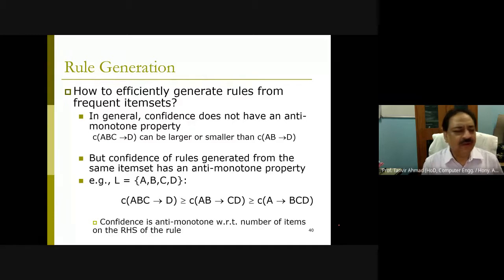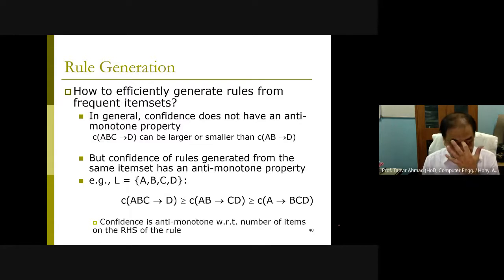Now, how are you going to generate the rules? If I have particular item sets, you have to generate the rules with the support and the confidence. But you know that confidence does not have the anti-monotone property, whereas support has an anti-monotone property.